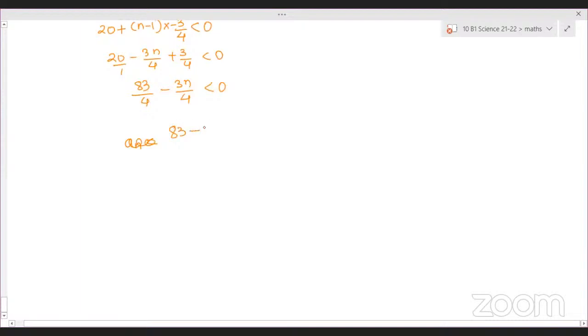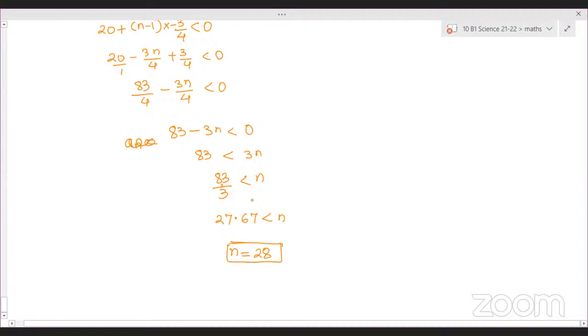So 83 minus 3n is less than 0, 83 is less than 3n, so n is greater than 83 by 3, which is 27.67. So n will be 28. So the 28th term will be the first negative term.